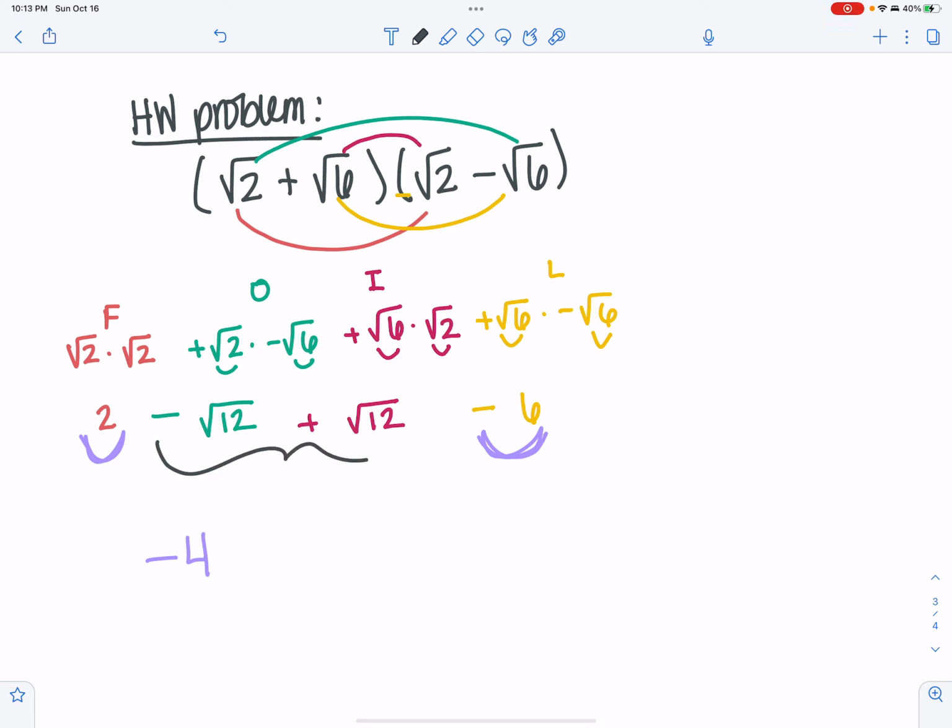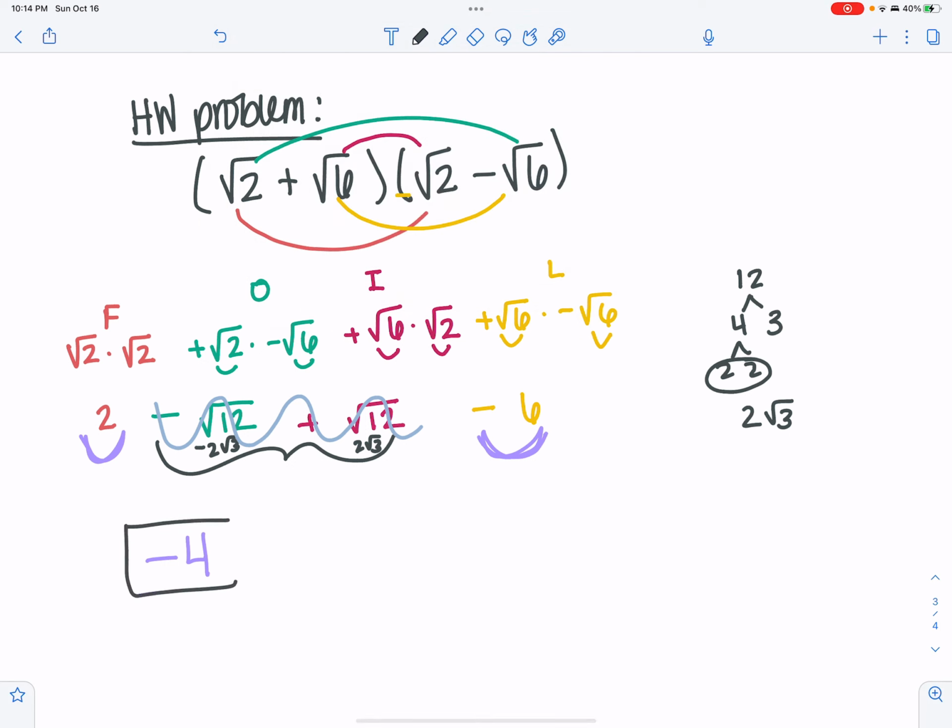However, in this specific case, because I've got the negative square root 12 and the positive square root 12, those are going to actually just cancel out. You could go ahead and simplify them to 4 times 3 and then 2 times 2, and you would say 2 square root 3. If you wanted to write this as negative 2 square root 3 and positive 2 square root 3, it wouldn't matter because a negative something and a positive of the same thing are going to cancel. And so my final answer for that one is going to be negative 4.